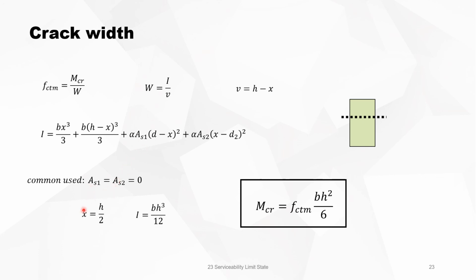If you do that, then x is h/2 and the moment of inertia is bh^3/12. Then you see immediately that the cracking moment can be approximated by fctm bh^2/6. But in fact, it should be calculated taking into account the reinforcement of the section.